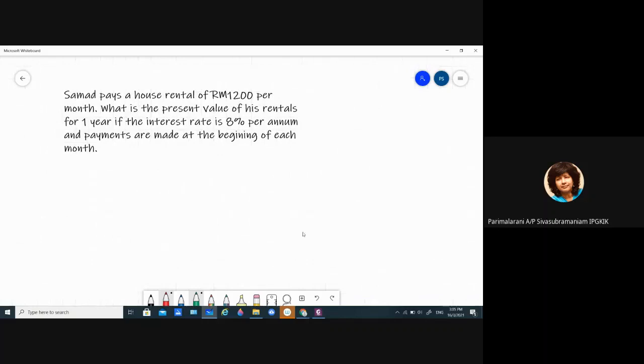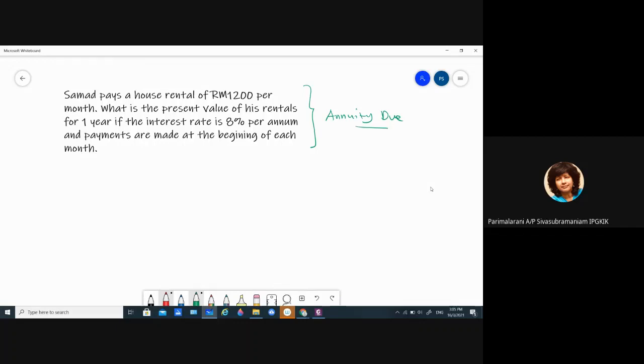Someone pays a house rental of 1,200 per month. What is the present value of his rentals for 1 year if the interest rate is 8% per annum and payments are made at the beginning of each month? So what kind of annuity is this? Annuity due or ordinary? Annuity due. Once you've determined that, you know which formula.